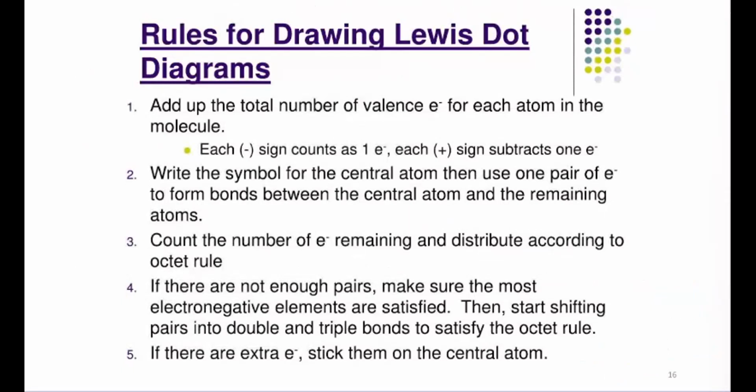I'm going to mention them first, and then we're going to practice. As you can see here, the first thing that we need to do is add up the valence electrons that each atom has in the molecule, okay?